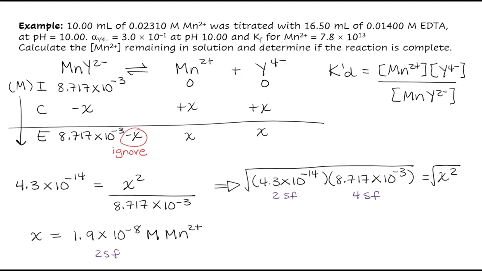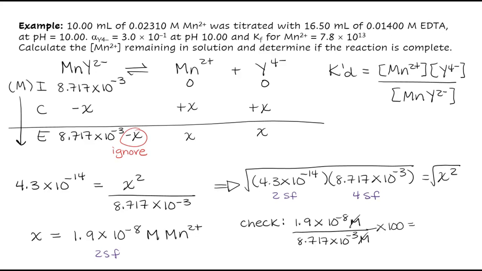Now we do need to check the assumption just to make sure that it was a valid assumption. You can probably see just by glancing at it that the assumption is okay, but we still want to check. So we check the assumption by taking 1.9 times 10 to the negative 8 divided by the molarity in the ICE table, 8.717 times 10 to the negative 3. The molarities will cancel.